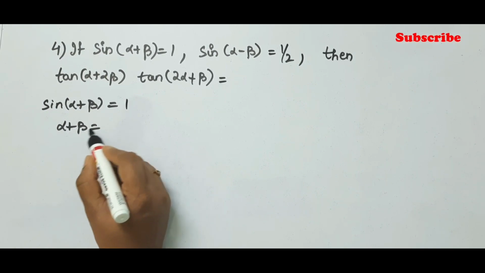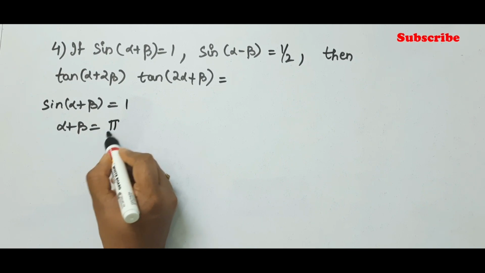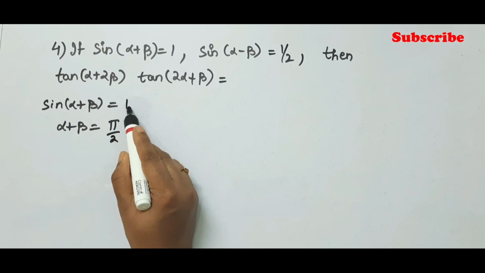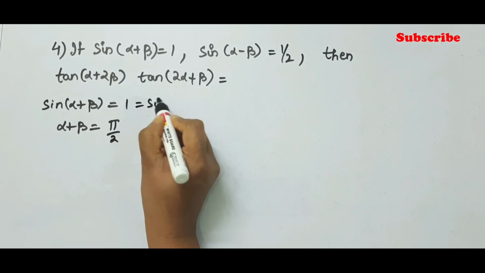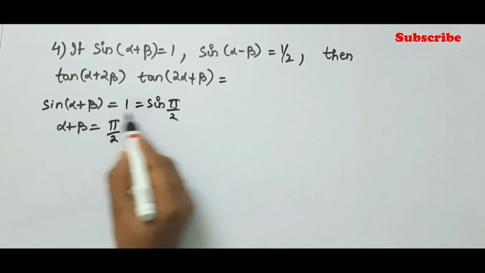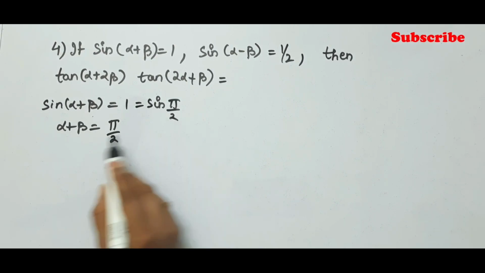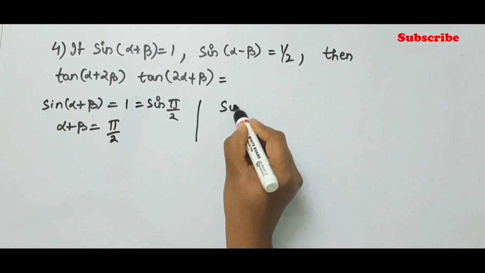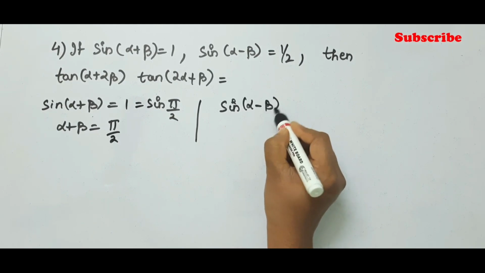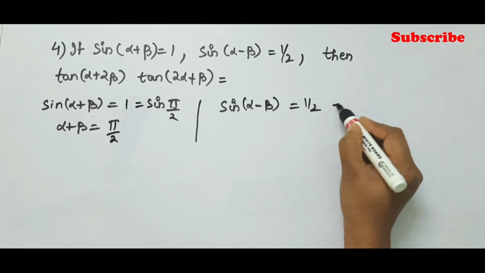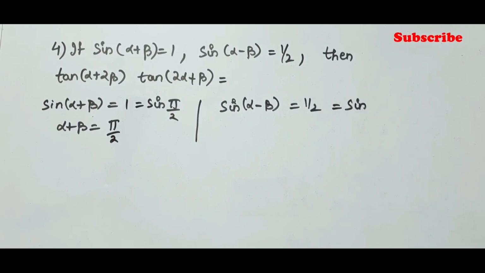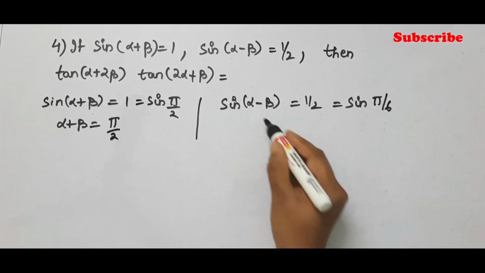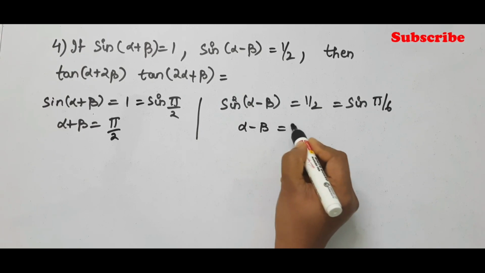So this 1 can be written as sine of pi by 2, so alpha plus beta is equal to pi by 2. Now sine of alpha minus beta is equal to 1 by 2. This 1 by 2 is nothing but sine of pi by 6, is it not? So alpha minus beta is equal to pi by 6.